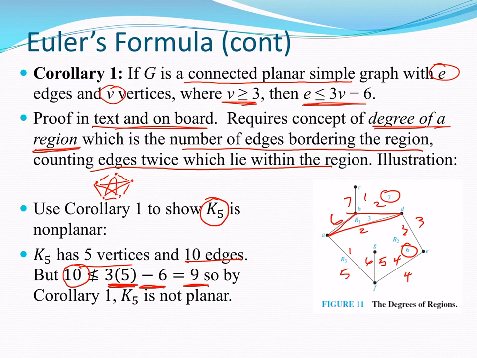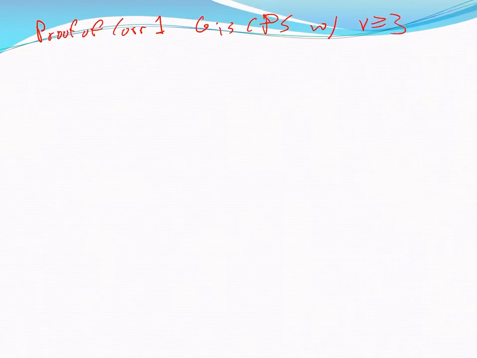All right, let's prove Corollary 1. Proof of Corollary 1. G is connected planar simple with vertices greater than or equal to 3.